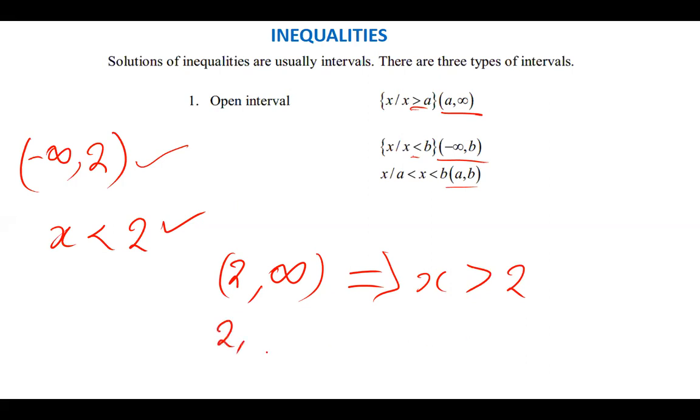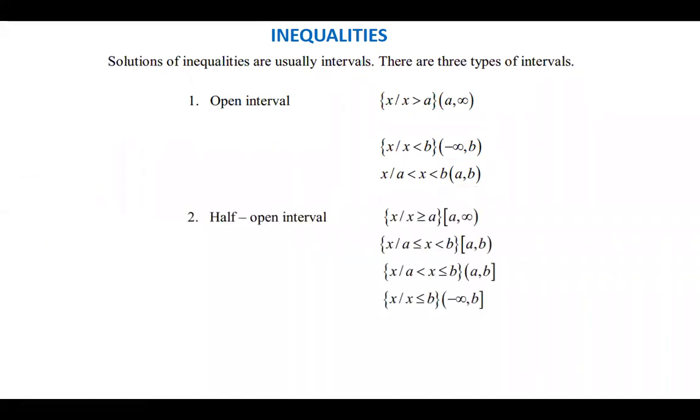But if we have a closed bracket at 2, [2, infinity), this implies that 2 is part of the set, hence we say x is greater than or equal to 2 because of this type of bracket. A half open interval means that it has one side open, the other side closed. Then we also have closed intervals, which I've already talked about, like this one.